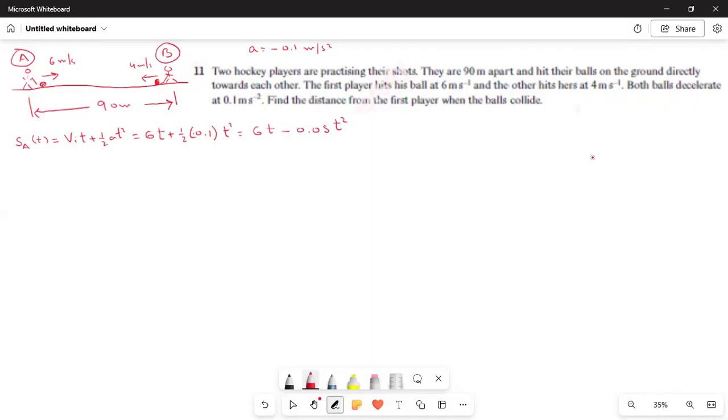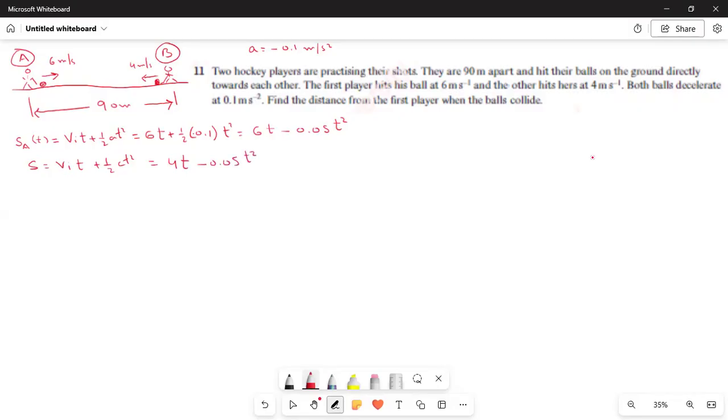Now the distance traveled by the ball hit by player B is going to be the same formula, v_i t plus half a t squared. The only difference is that his initial speed was 4, so 4t, and this part is going to be minus 0.05 t squared.